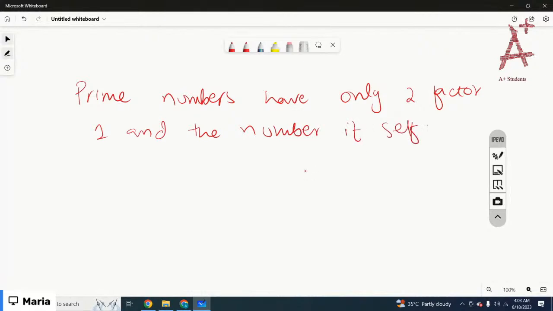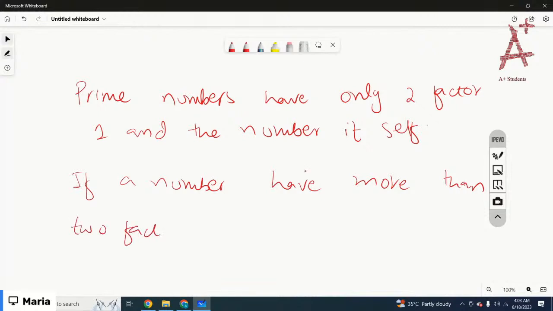If a number has more than two factors, that is a composite number, right? So if they have only two factors, they are prime, otherwise they are composite numbers.